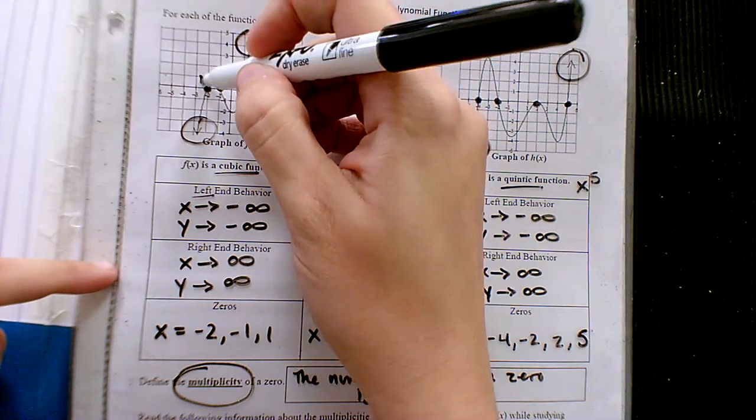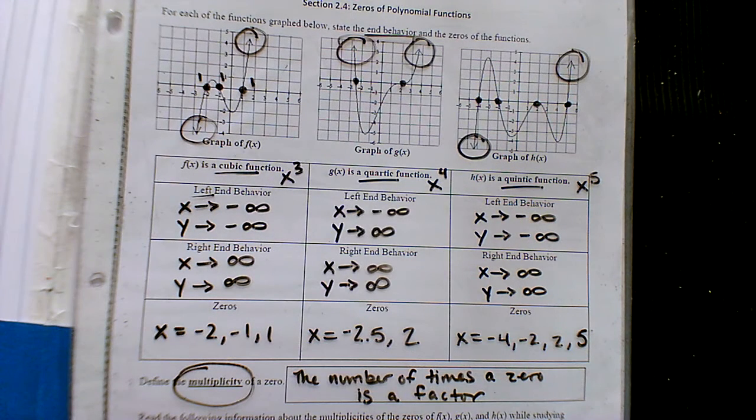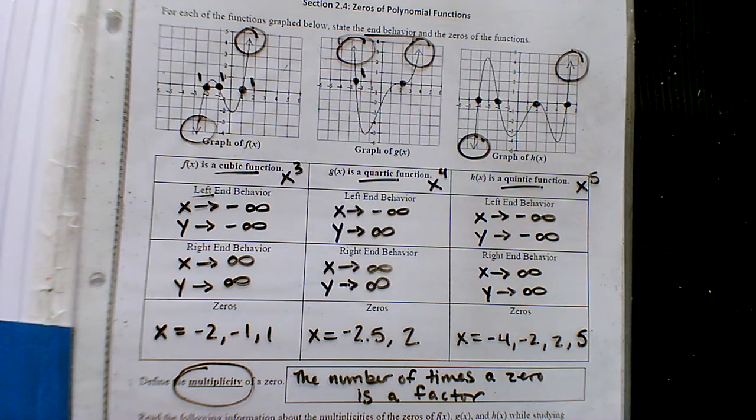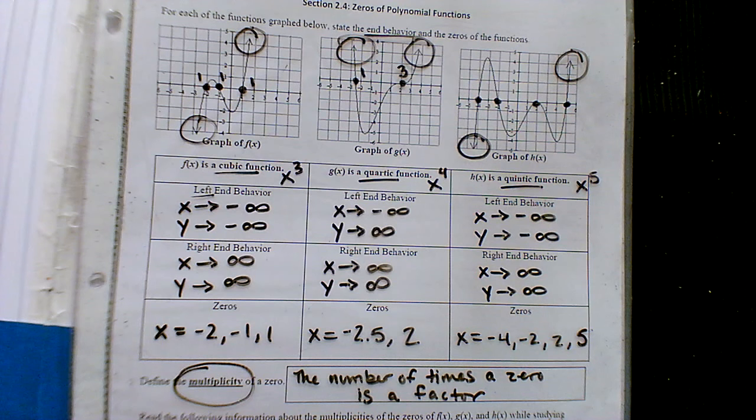So they are only a factor one time. I'm going to go ahead and label all of these as 1, just so we can start to see a pattern. You don't have to do this every single time. I mean, if it helps, go ahead and do it. But we're going to start to see a pattern. The next line says, for the graph of g of x, the 0 of -2.5 had a multiplicity of 1, and the 0 of 2 had a multiplicity of 3.